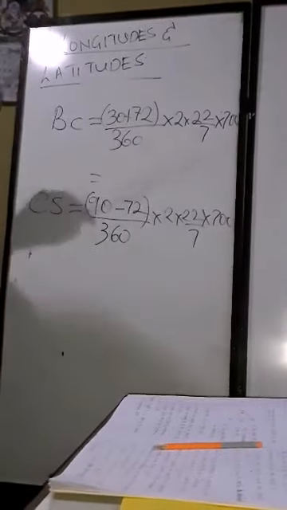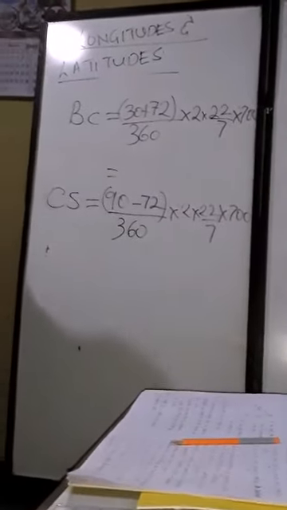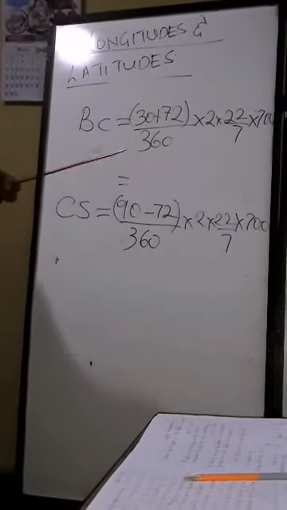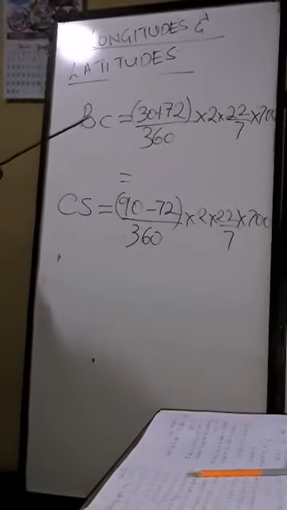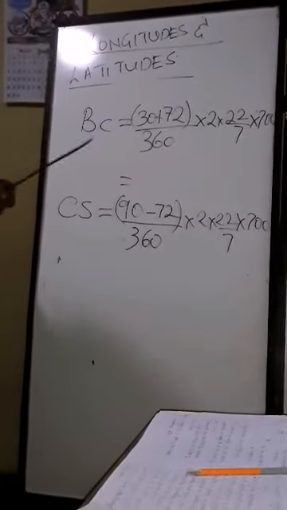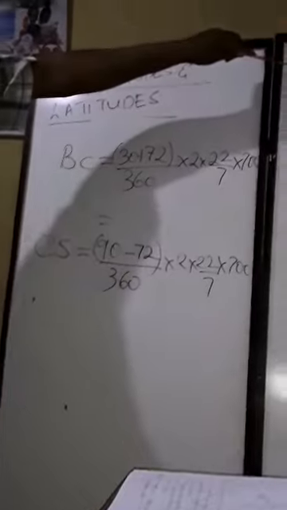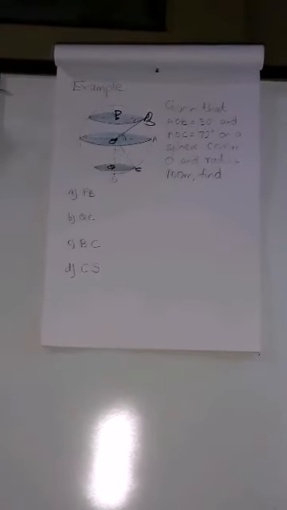So what is important here is to be able to determine the angle subtended by an arc. If you want to get the arc length, you must get it right. Remember, this is knowledge that you have gained all the way from primary school, how to get that angle here.